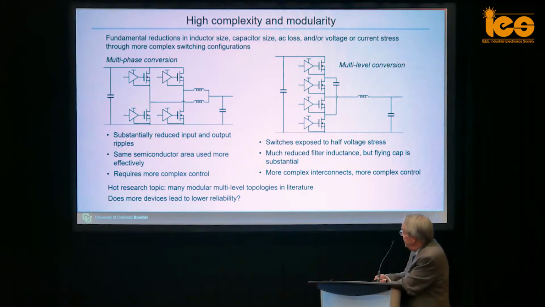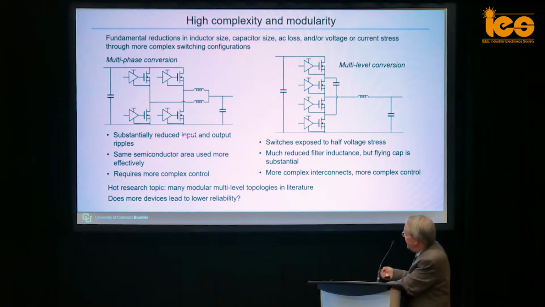In the area of converter topologies, we see a lot of papers about modularized systems. They're much more complex than the simple converters we built in the past. Two rudimentary examples of what we can do: multi-phase conversion is very well known and highly applied, where we take converters and put them in parallel and operate the switching out of phase to cancel current harmonics and reduce the capacitor currents.